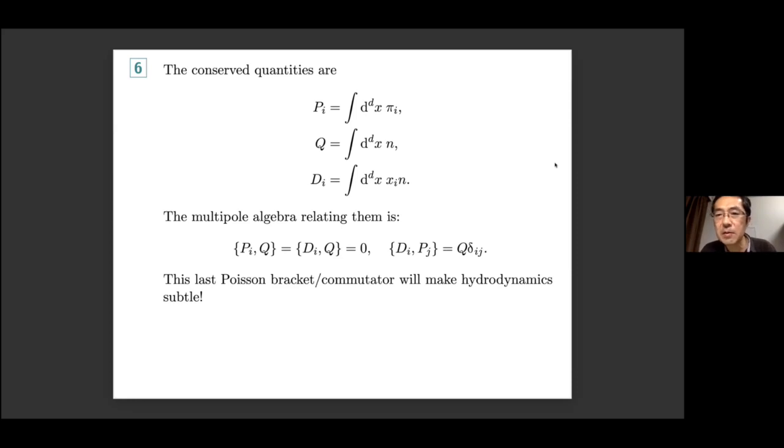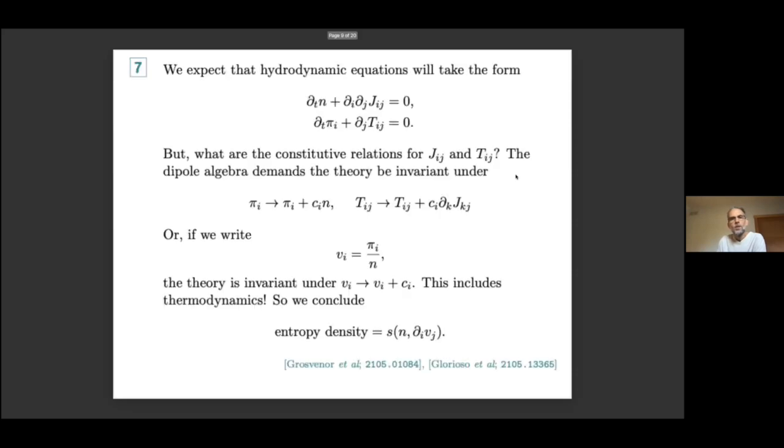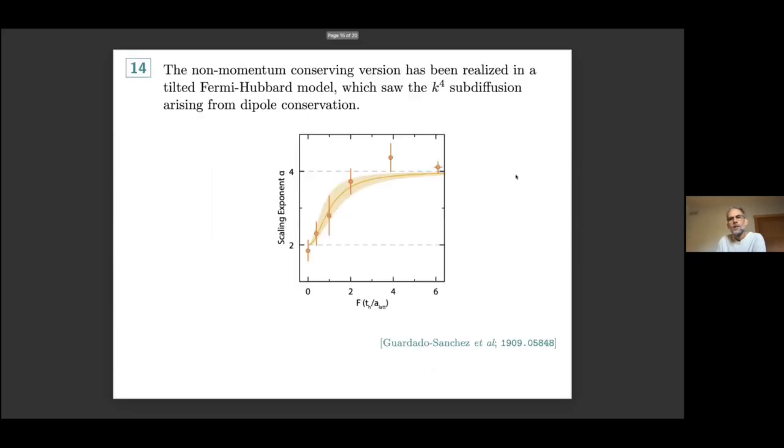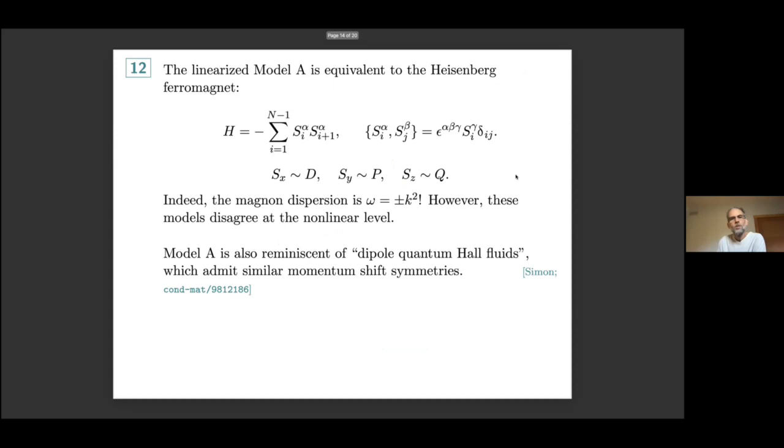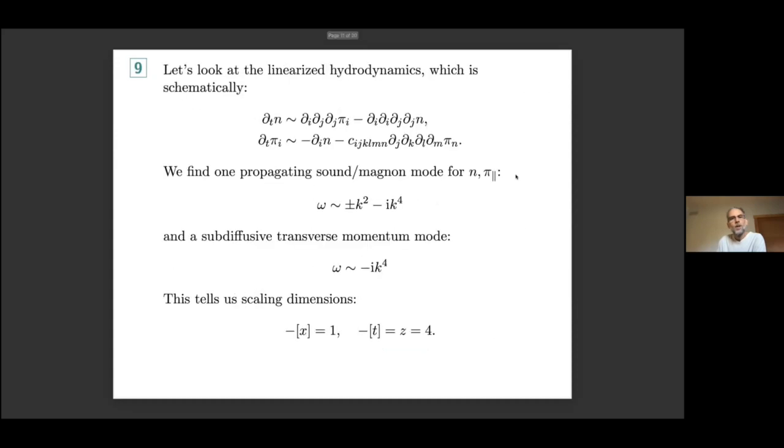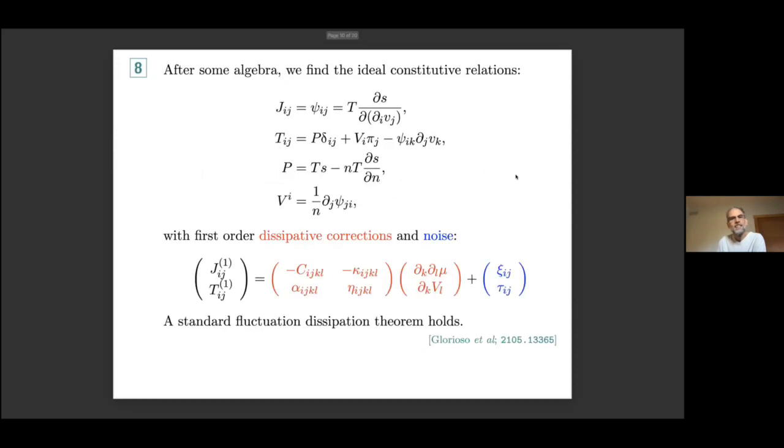David, please. In standard KPZ, it's nicely formulated as a stochastic PDE. And you're saying you have a new dipole KPZ, but you didn't display the new dipole KPZ equation.